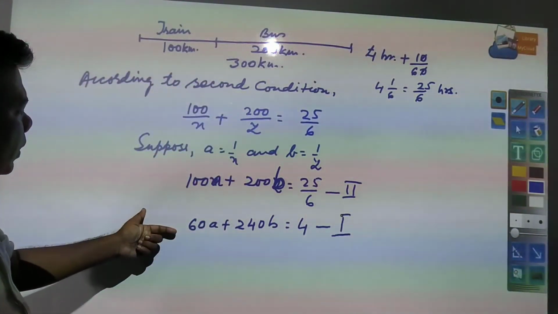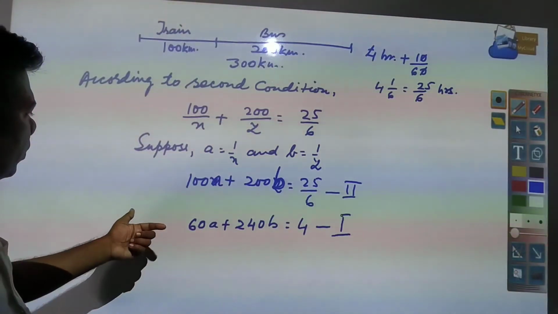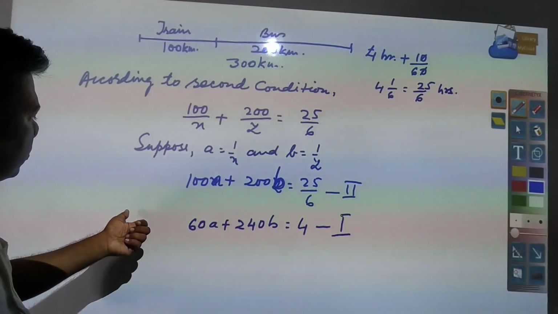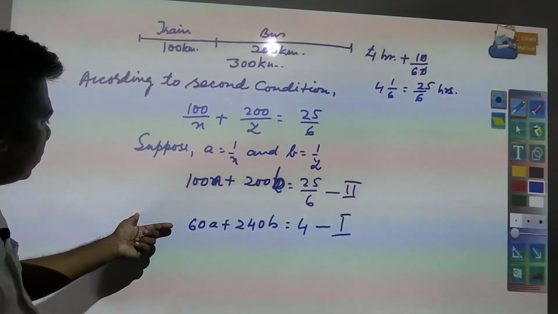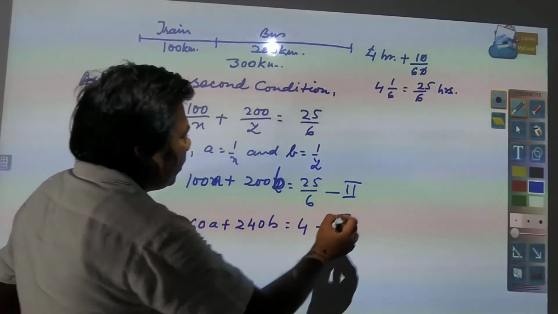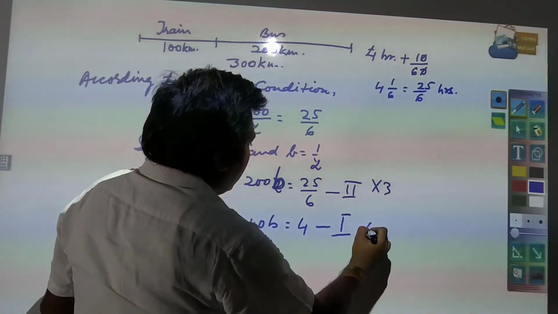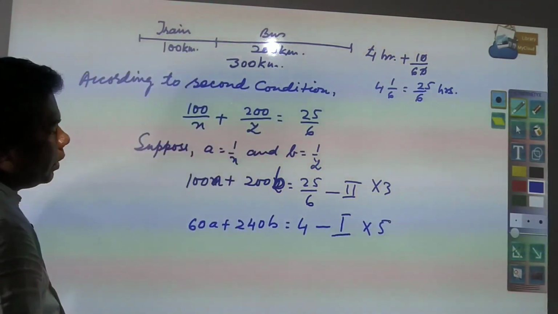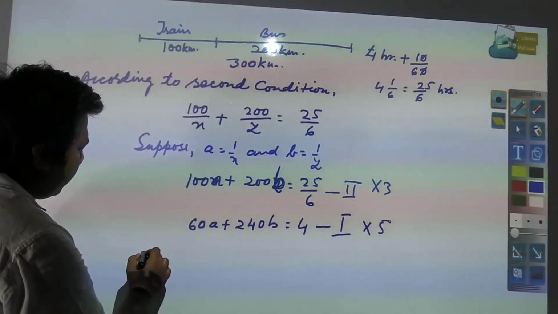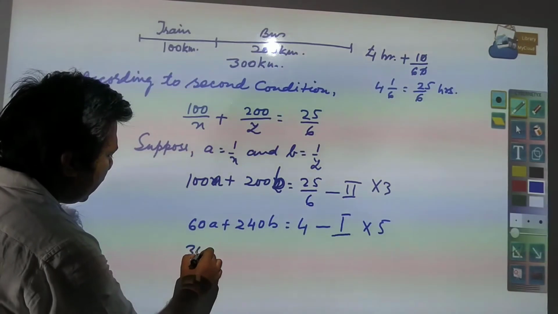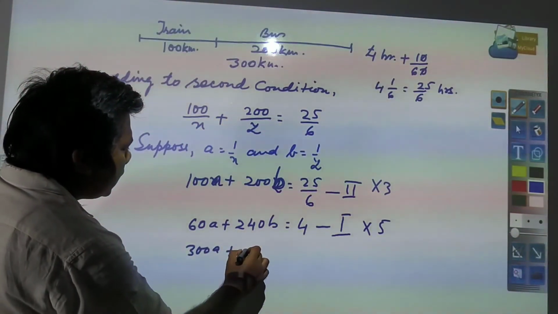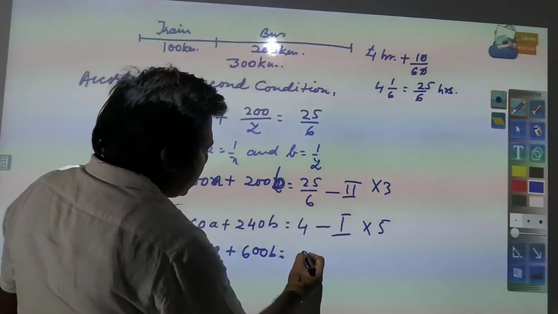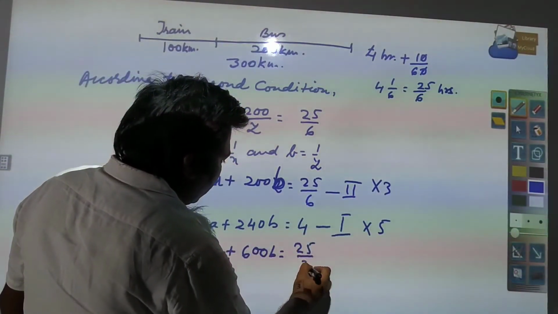Now you see how we will simplify this. If we are multiplying the second equation by 3 and the first equation by 5, then what we will get, you see, is 300a plus 600b, and 3 times 25 by 6 will be 25 by 2.